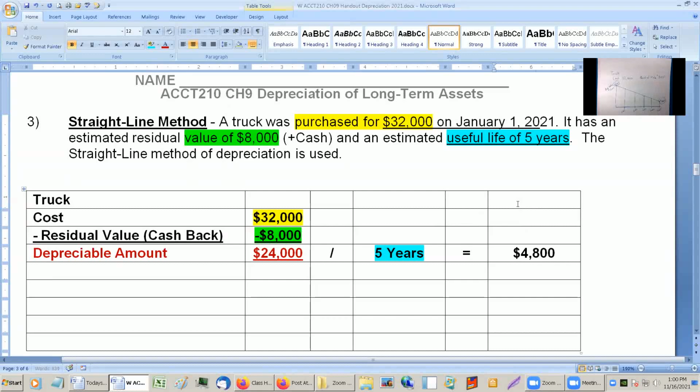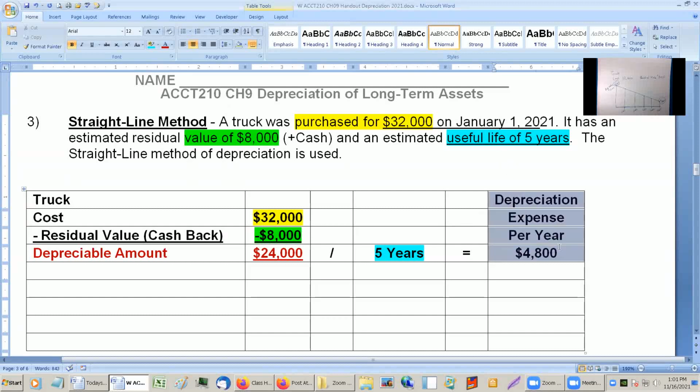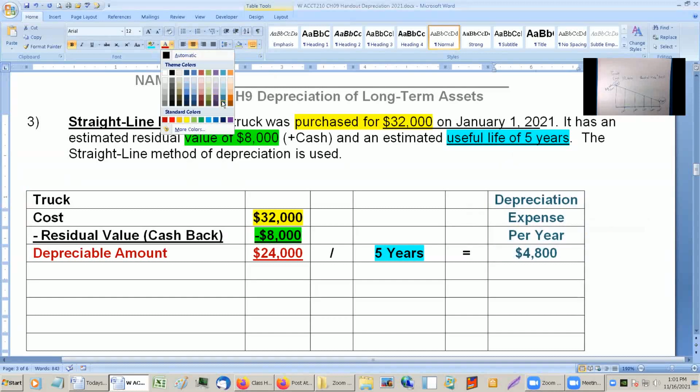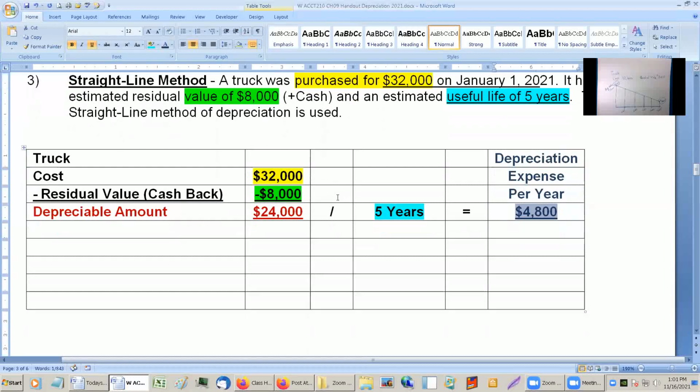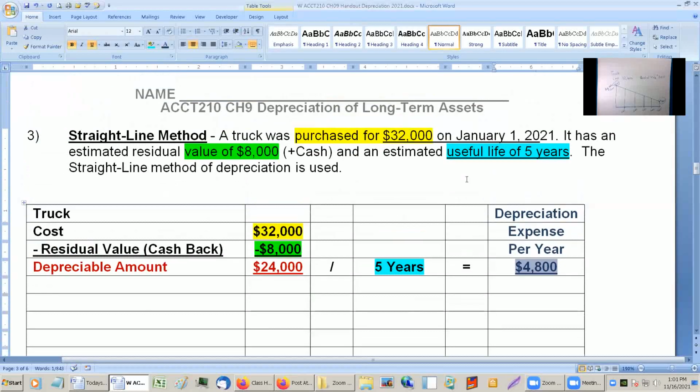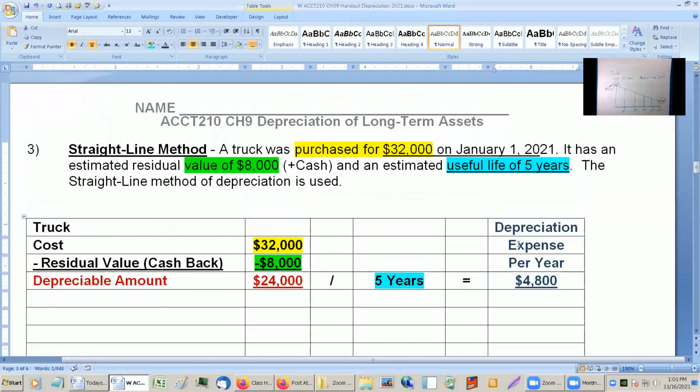So this will be the depreciation expense per year. Every year, we're going to depreciate this thing by 4,800.